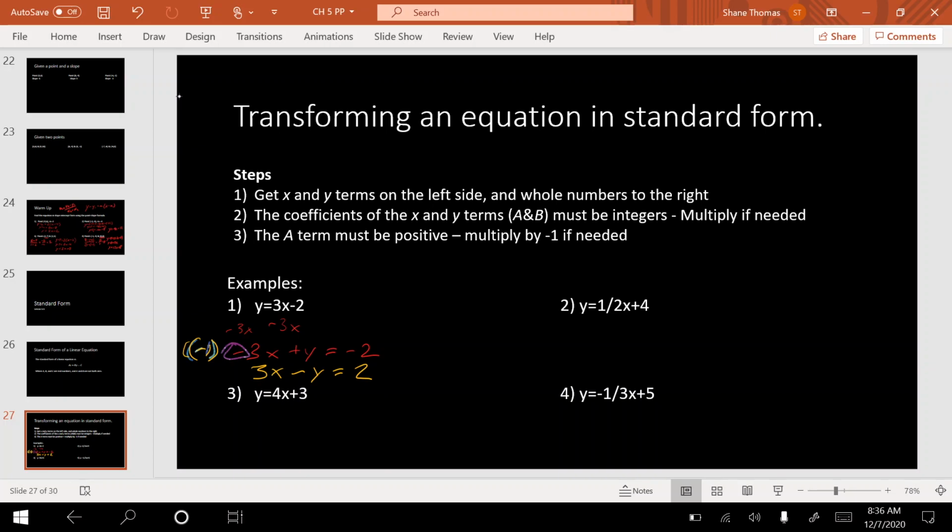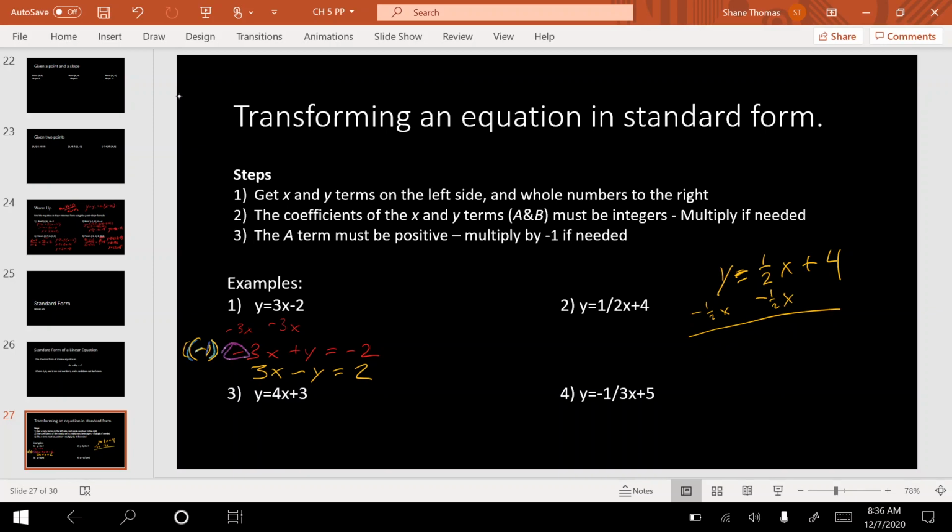So y equals 1/2 x plus 4. First thing, I have to get all my x's and y's to the left side, whole numbers to the right. So I'm going to subtract a 1/2 x from both sides.